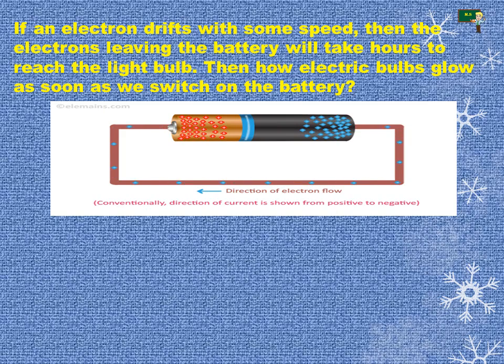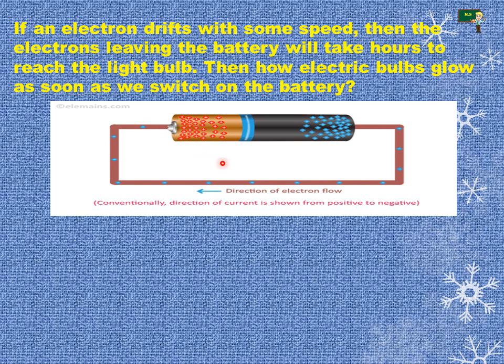Is it so? It is because when the battery is switched on, the electrons begin to move away from the negative terminal. Can you tell me which is the negative terminal of this battery? This is the negative terminal of the battery, and this is the positive terminal.